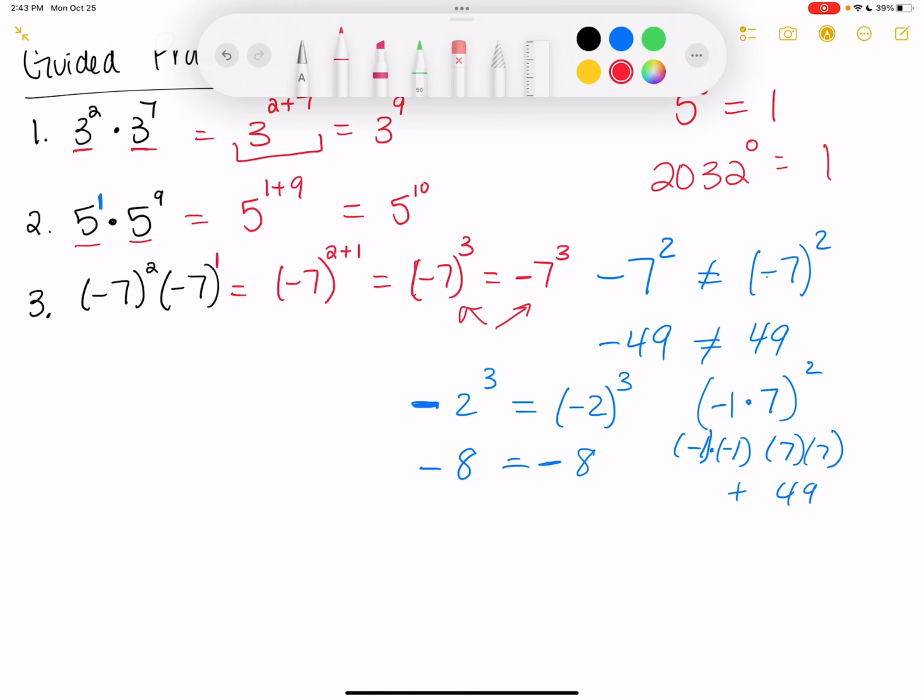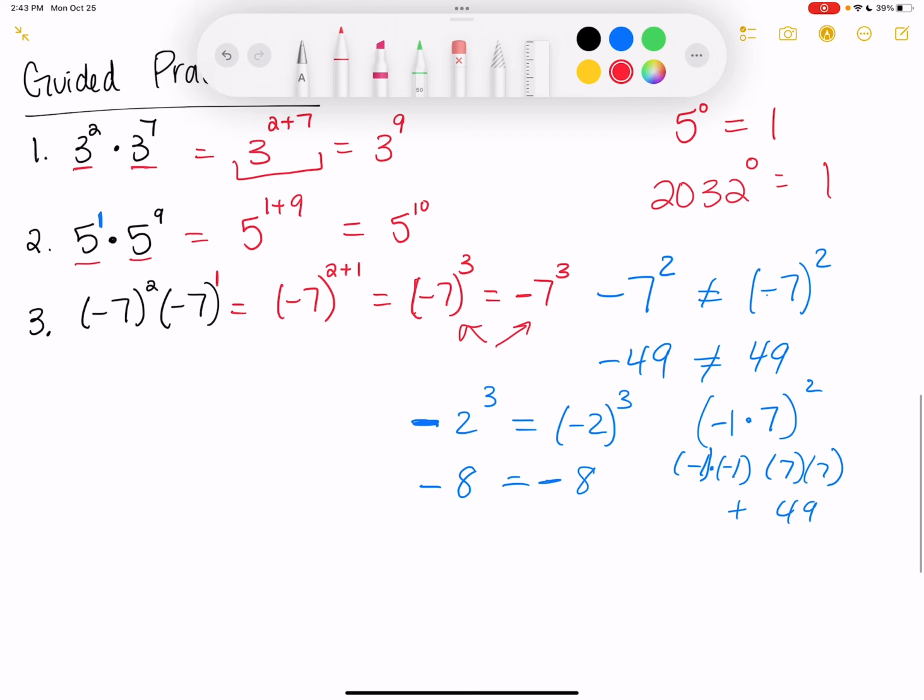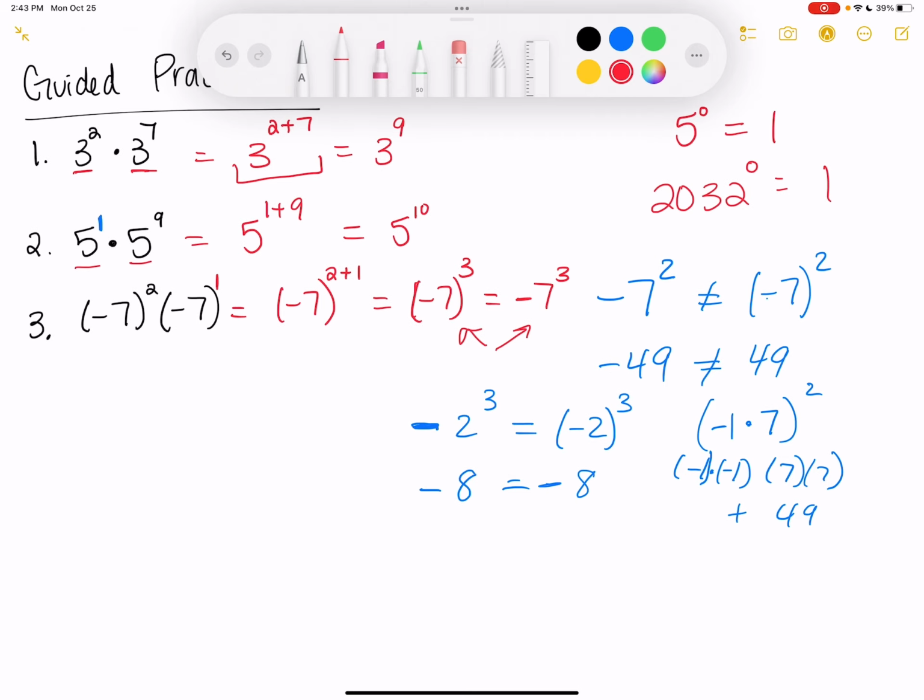Okay, so obviously these ones have all been with numbers. So let's look at one that's got variables in it instead. So like x squared times x to the 6th times x. Okay, again, notice this time we even have 3 things here that have exponents on them.